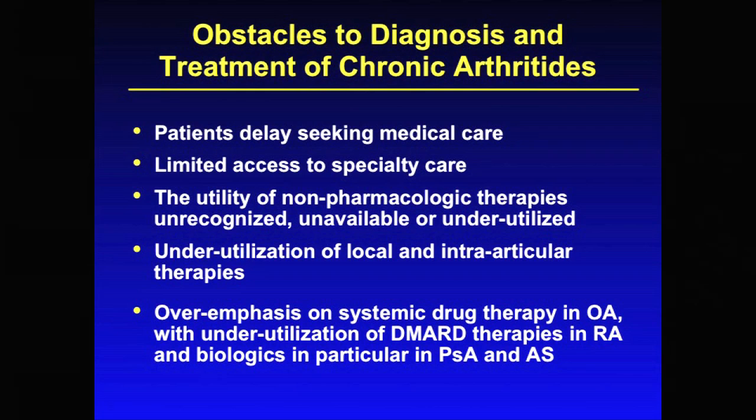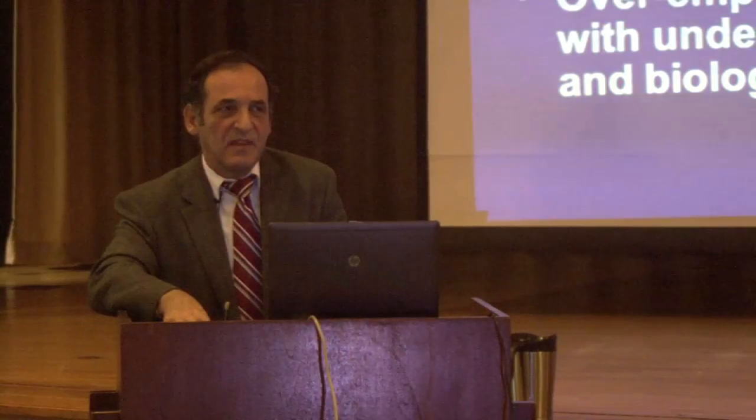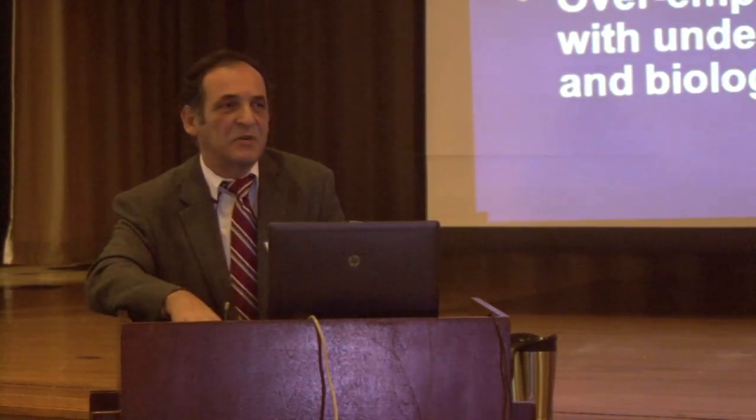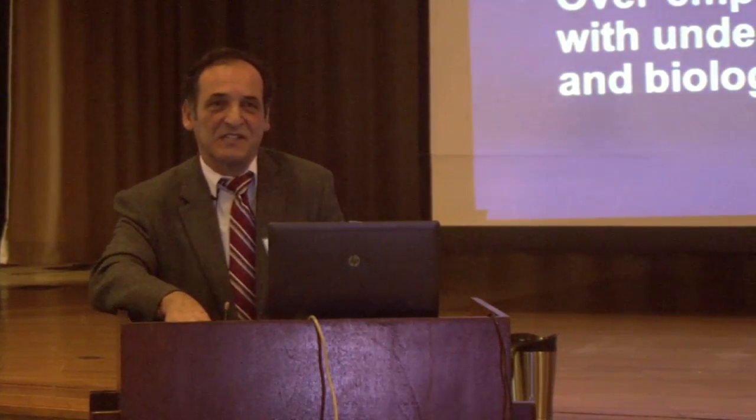One of the obstacles for us as rheumatologists to effectively treat not just rheumatoid arthritis, but any type of arthritis, is that patients wait too long, in part because they think arthritis is just a consequence of aging. It's not just a consequence of aging, and it's not just one disease.